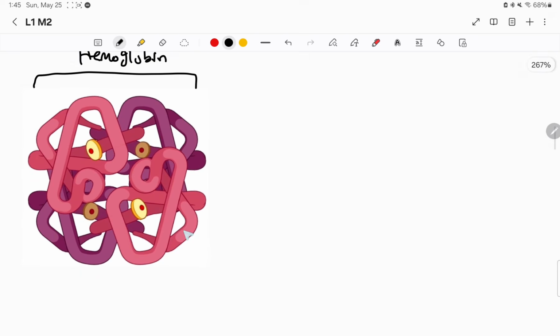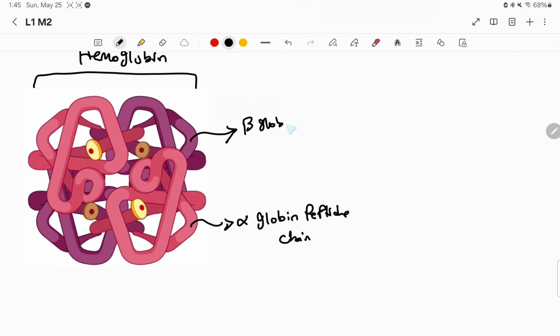Here's what it looks like. It's made up of 2 alpha globin chains, and these are just proteins. Globin peptide chains. Remember, peptide just means protein. And another subunit called beta globin peptide chain. If you're curious, technically this would be beta 1, alpha 1, and then this would be beta 2, and then this one would be alpha 2.